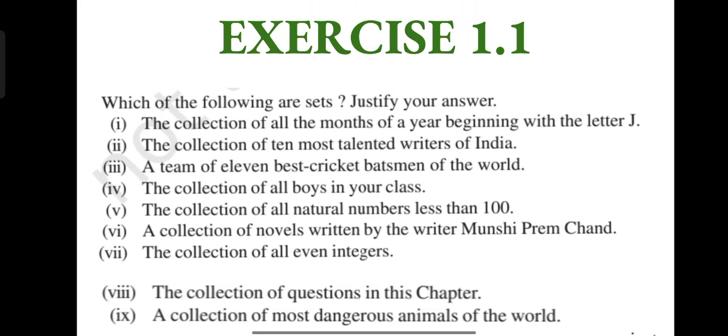Different people will have different sets, but the novels in that set should be written by Munshi Premchand. Here it is not suggested to write all the novels of Munshi Premchand, so different people will have different answers, but it will be correct only if the novels are written by Munshi Premchand. It defines a set, but it may have different answers, since there does not arise an "all".